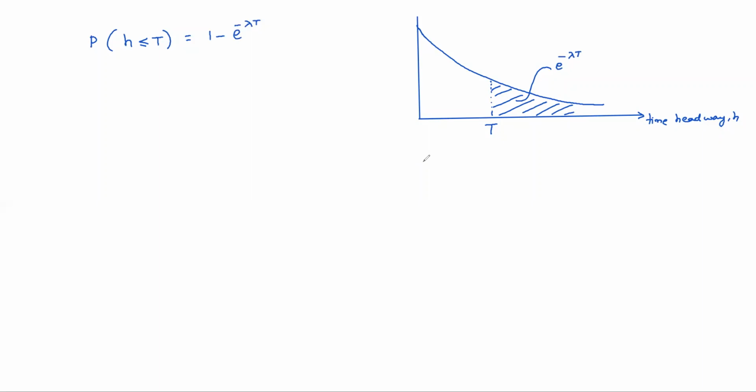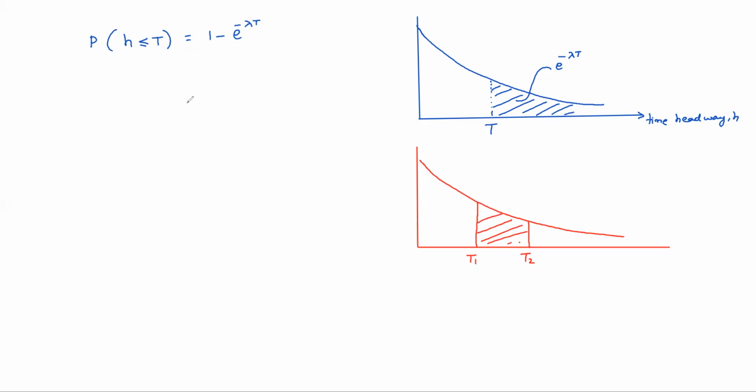Okay, then tell me what this area represents. Another curve I will draw. Something like this, some curve is there. This is T1, this is T2. So what this represents exactly?